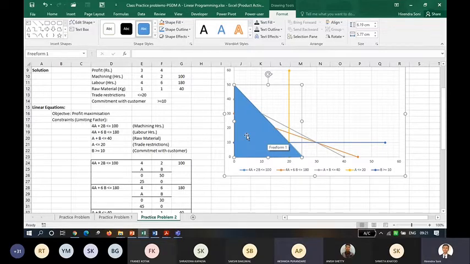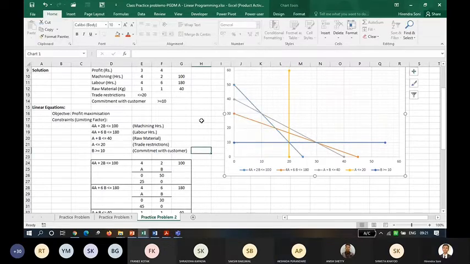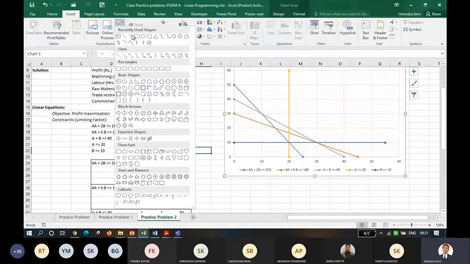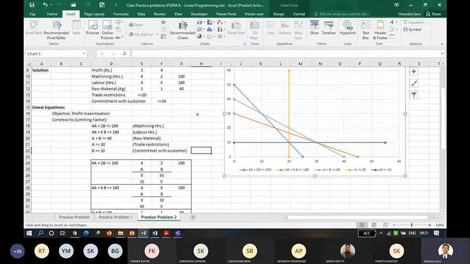Yes, sir. Okay. Now when I have another line coming in, that is 4a plus 6b less than or equal to 180, this orange line. Again it is saying less than or equal to 180, so I am referring to the inner region.